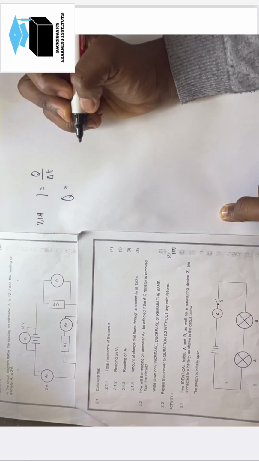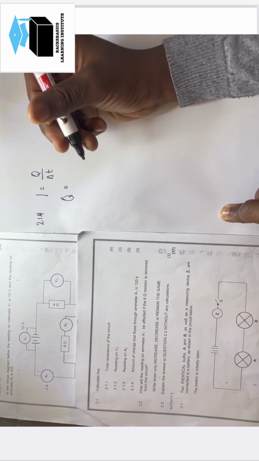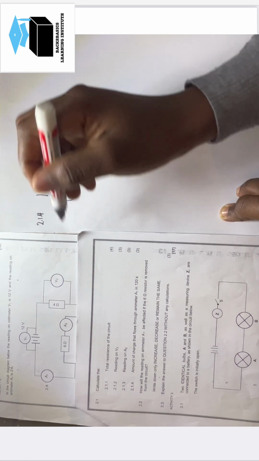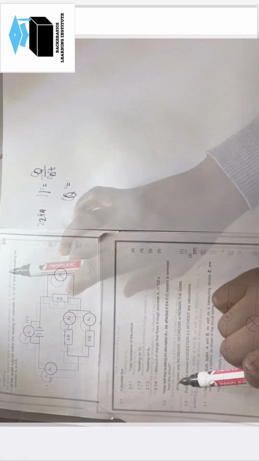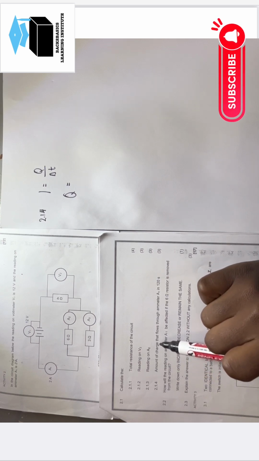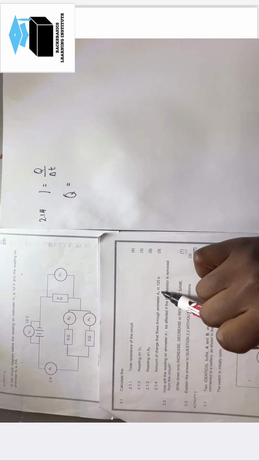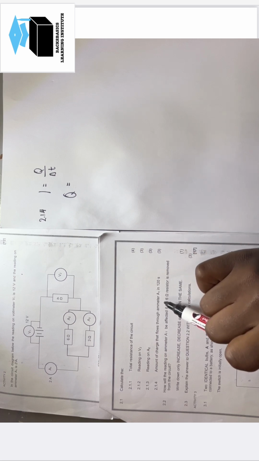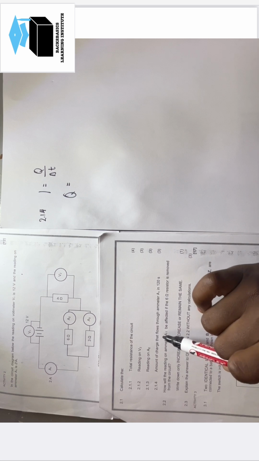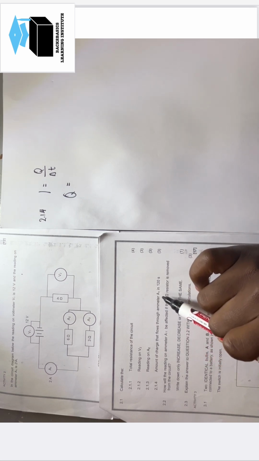So I think it is fair that we actually start with the reading on A1. Remember that they say the amount of charge that flows through your A1, your ammeter 1, in 120 seconds.